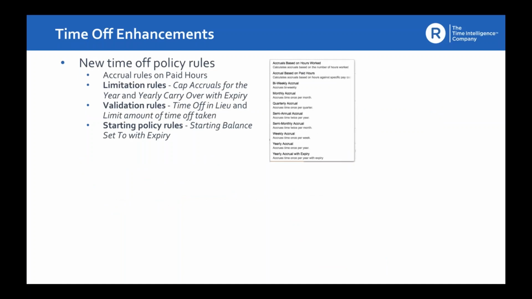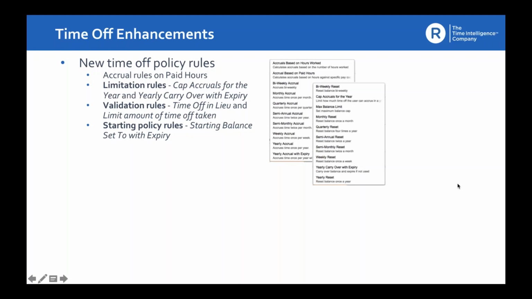We have introduced new time off policy rules as addition to the existing accrual time off policy. And again, this is applicable if you're currently on the latest time off module and you have users booking time off from Replicon. We've added accruals on paid hours in situation where your employees might have both paid and unpaid hours option.